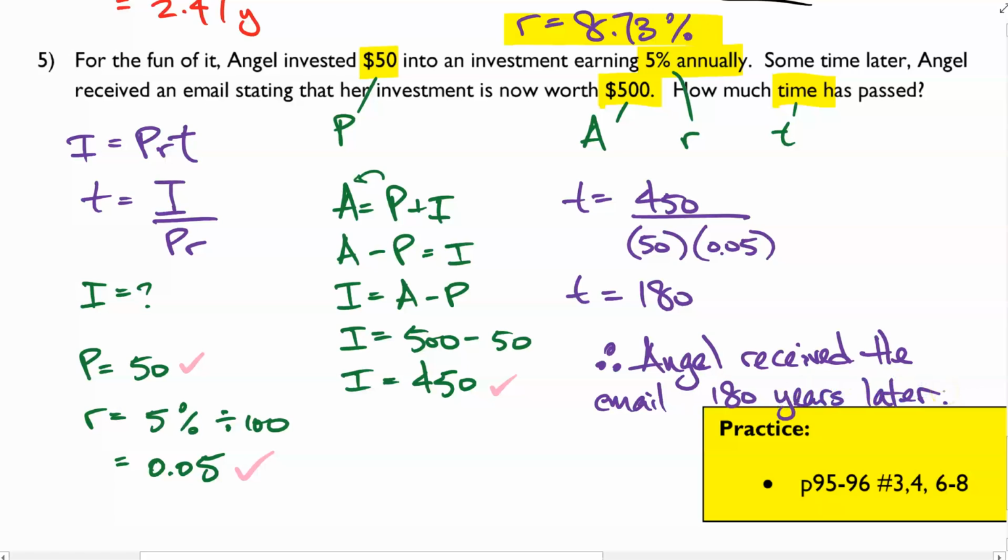Angel by then may actually be an angel. All right, 180 years. Maybe modern medicine is going to change, and we are all going to live forever. And we're still going to be using emails, right? But yeah, 180 years later, she gets this.